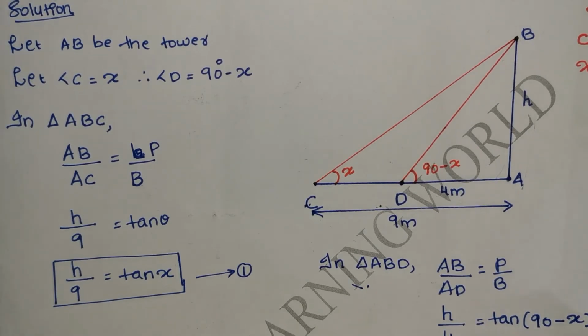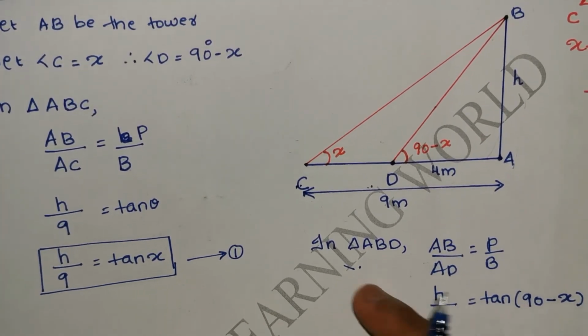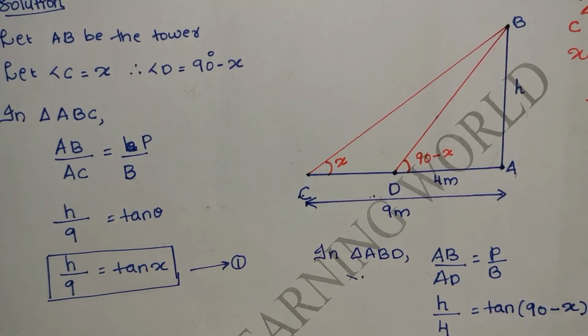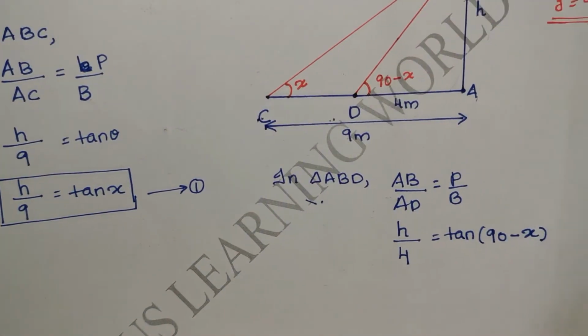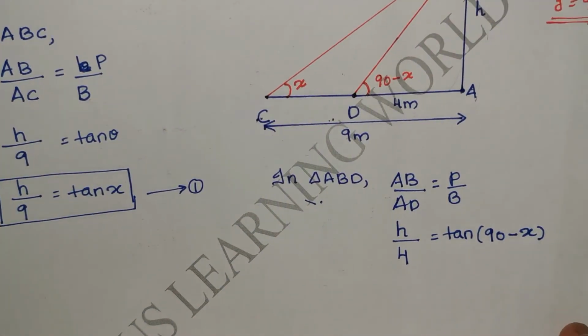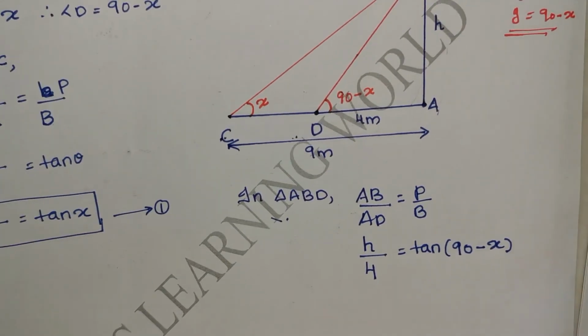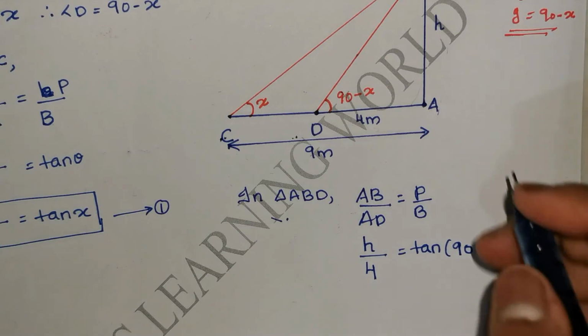Okay students, so we got two equations. One is this equation and the next is this equation. We know what tan 90 minus theta is. Tan of 90 minus theta is equal to cot theta.